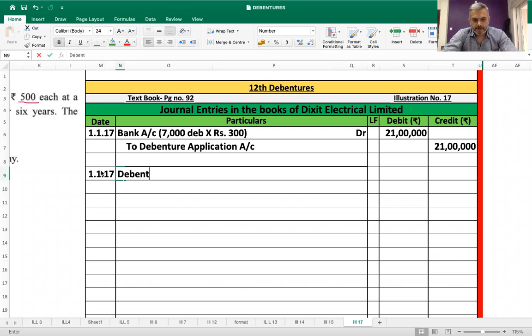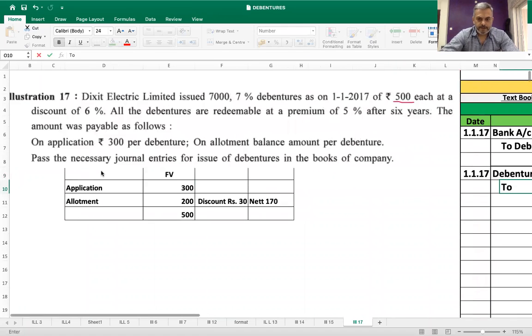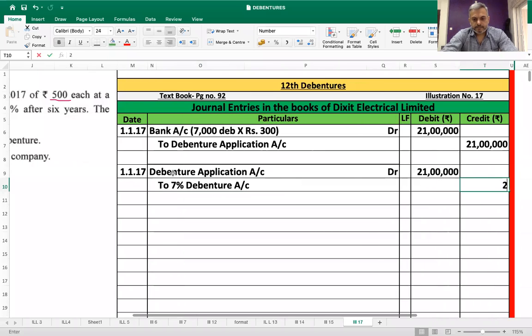Now debenture application account debit 21 lakhs to 7% debenture account, 21 lakh.